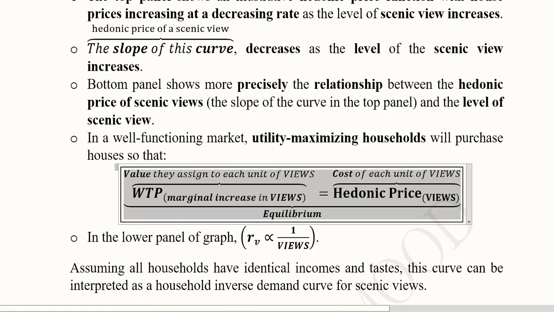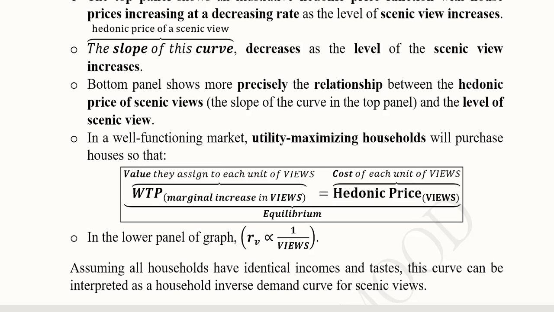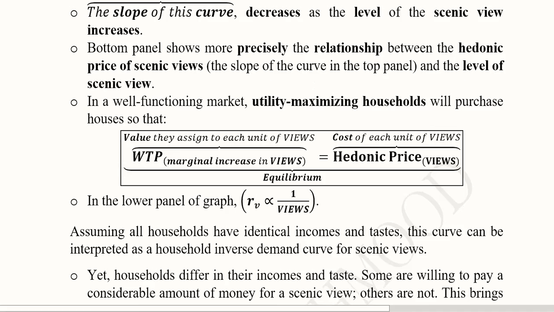So WTP is equal to the price that they pay, the cost that they have to incur with respect to views, and this is the WTP, which is the marginal increase in the views. So this will give us the equilibrium that we are trying to represent in the bottom panel of the diagram, and that is why it was known as the equilibrium willingness to pay of the households.